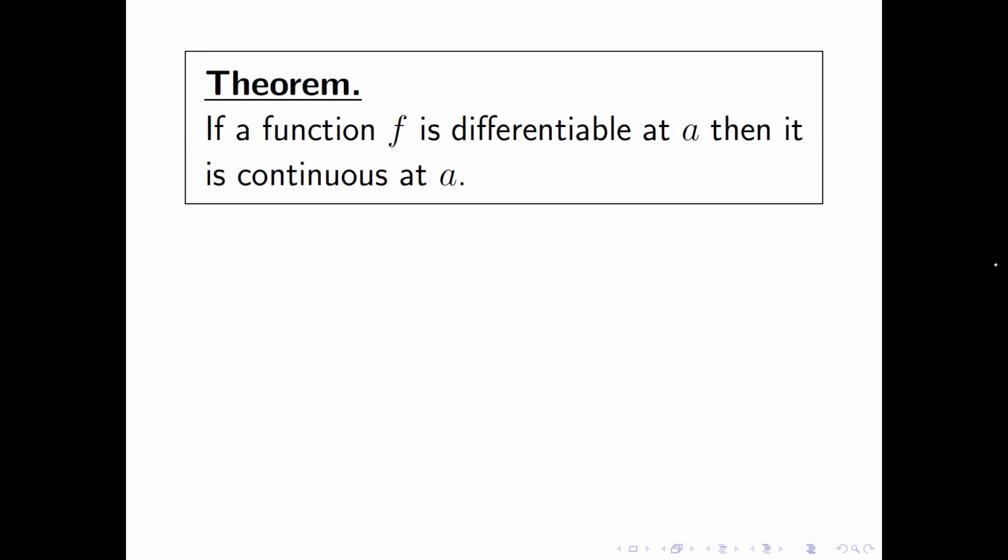If a function f is differentiable at a, then it is continuous, but the converse is not true. And the converse, we have seen from the example that I just did: if a function is continuous at the point, it does not imply that the function will be differentiable. But if the function is differentiable, it implies that the function is continuous.